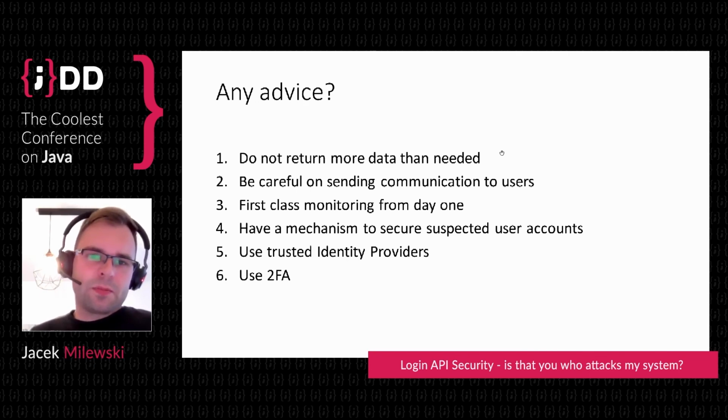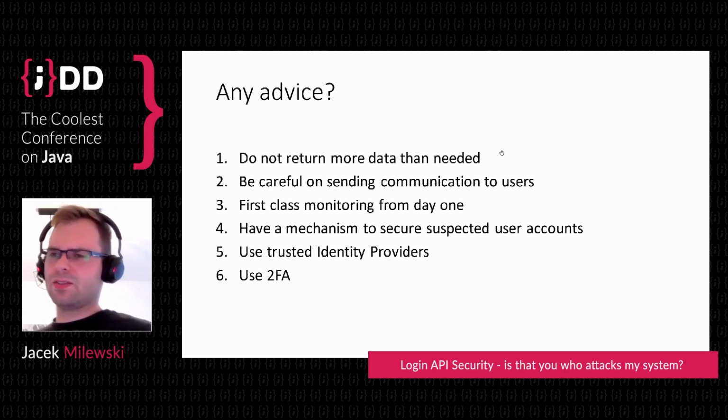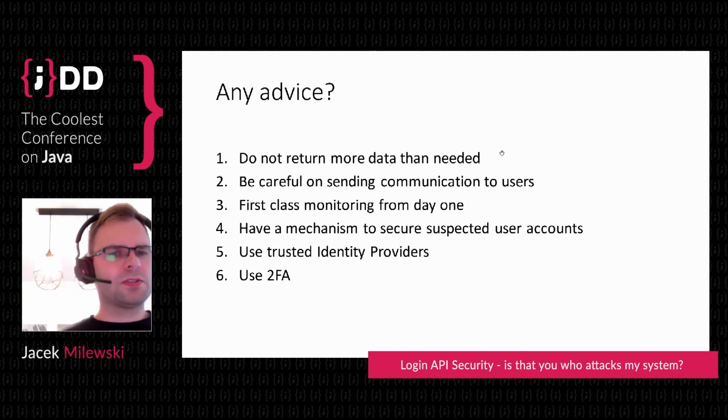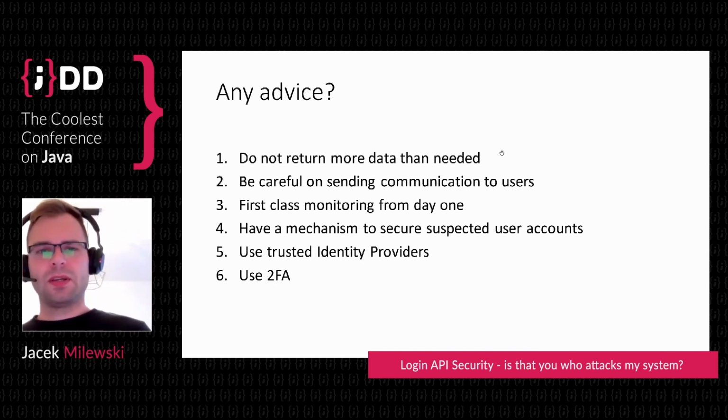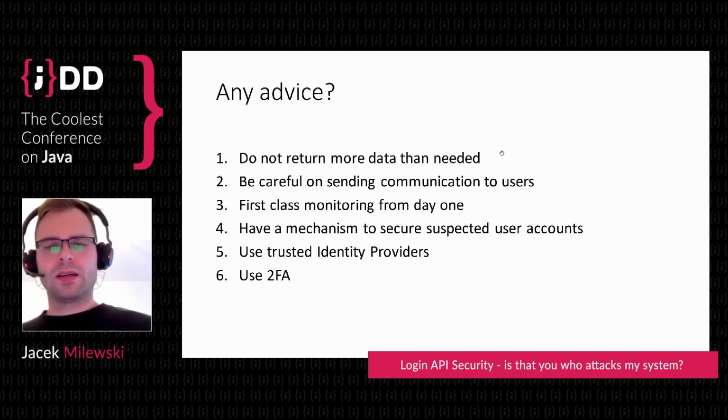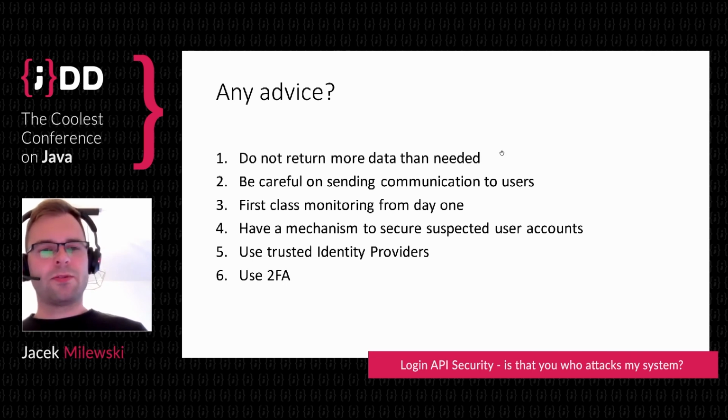So to wrap up, maybe some advice from my side, just to summarize. The first thing is to not return more data than needed on a login endpoint. Keep it focused on logging the user in. Also avoid side effects on login, whether this is success or failure.